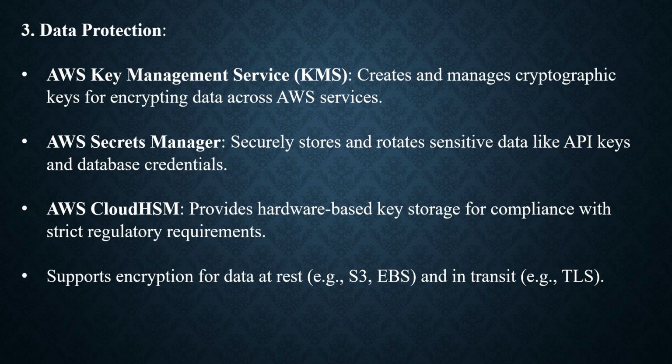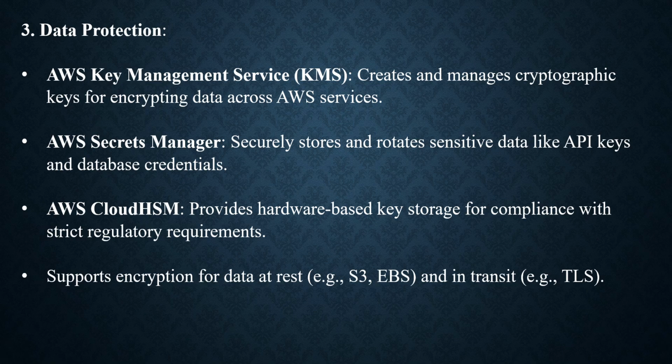Next, how can we protect our data? AWS Key Management Service, KMS, creates and manages cryptographic keys for encrypting data across AWS services. AWS Secrets Manager securely stores and rotates sensitive data like API keys and database credentials.